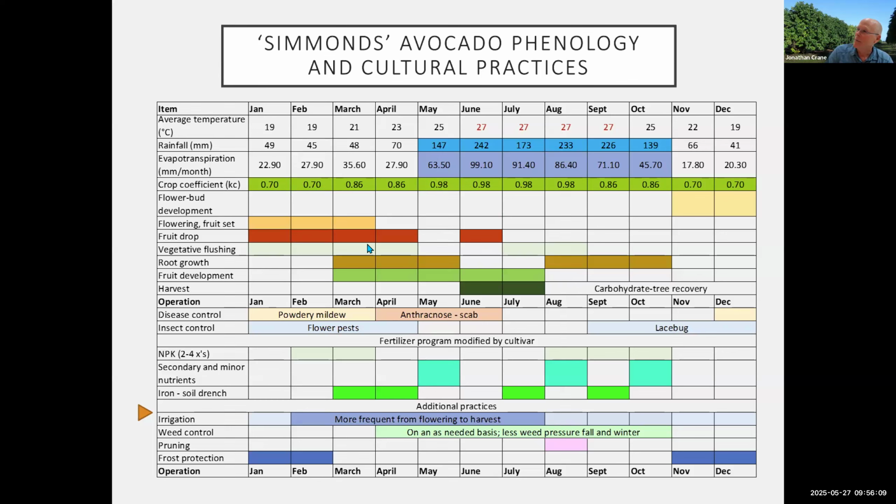Some very important periods again: flowering, fruit set, the fruit drop period, important to avoid fruit drop as much as possible. Fruit development period again. And then irrigation. You can see irrigation becomes very important during these flowering, fruit set, fruit development periods.